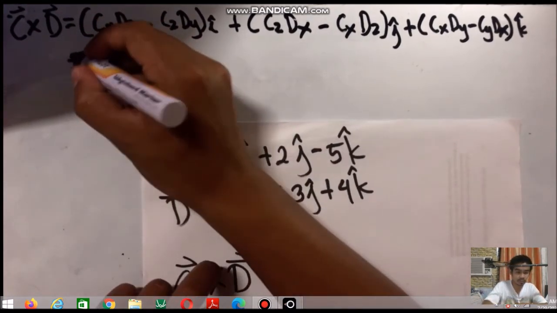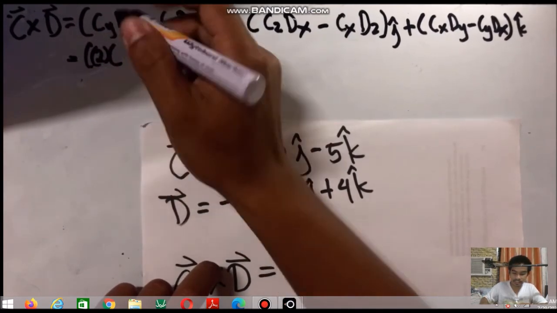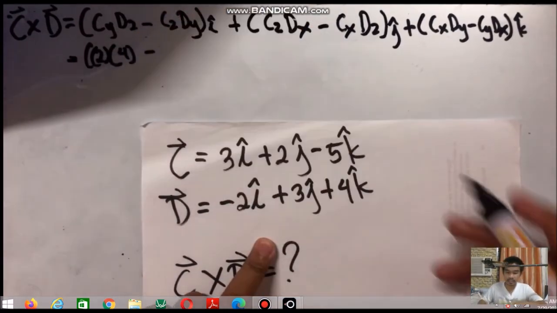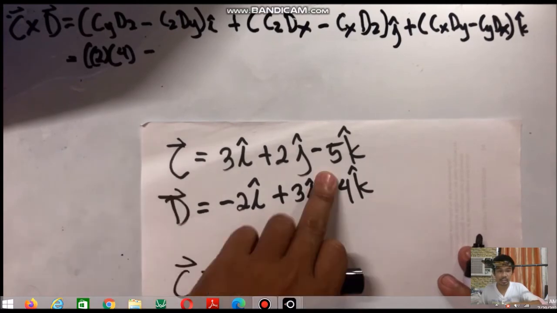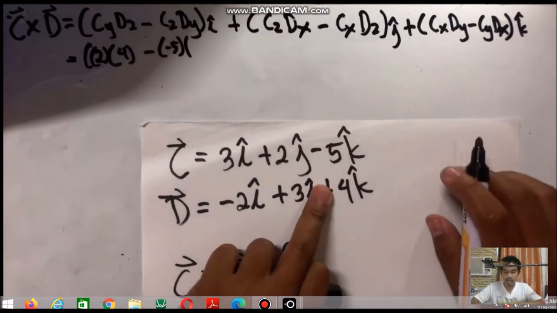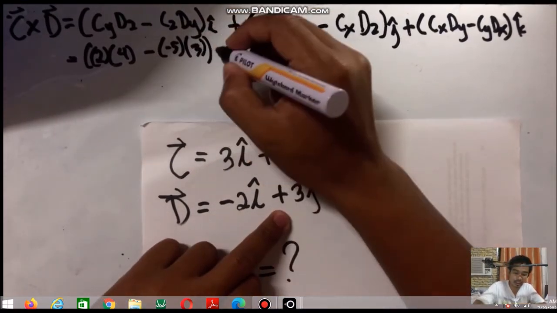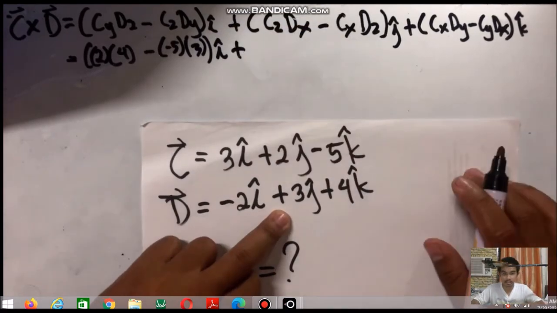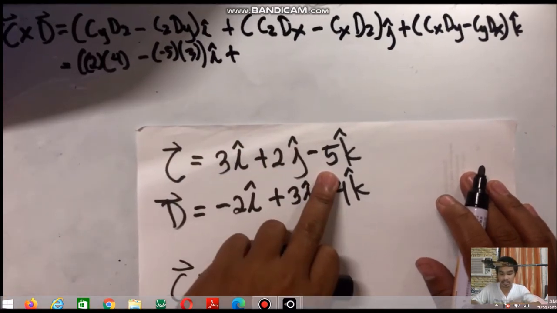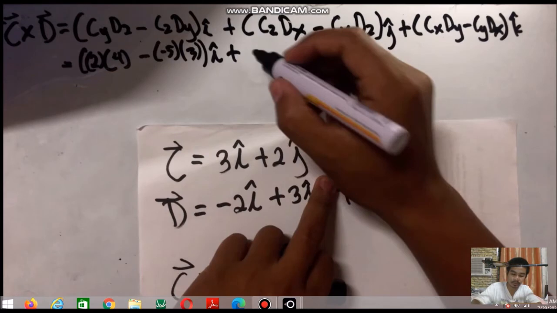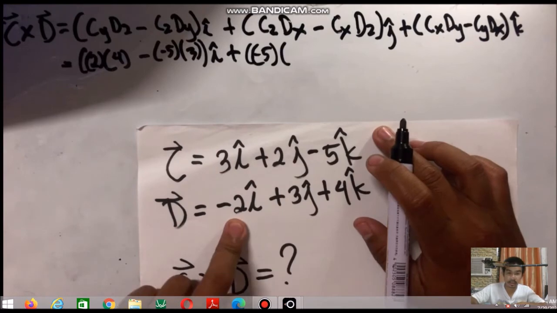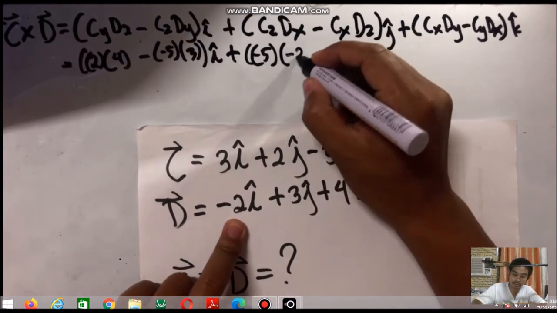And that is equal to 2 times DZ, which is 4, minus CZ, or the z component of vector C, which is negative 5, times DY, which is 3, then i hat, plus CZ, that is negative 5, times DX, the x component of vector D, which is negative 2.